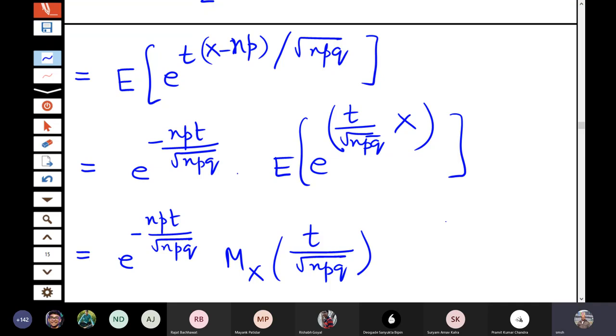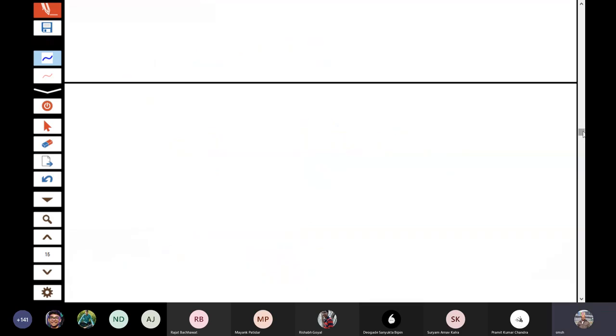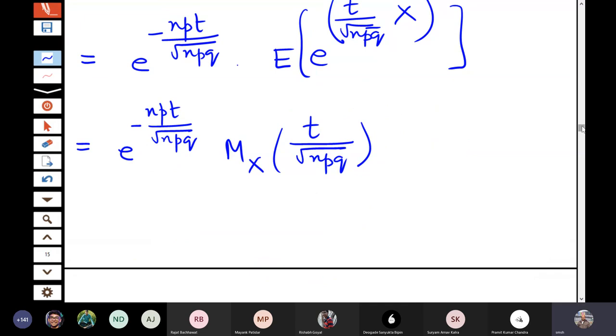You know the moment generating function of x in the binomial distribution? Do you remember that? Any student remembers that? What is the moment generating function of a distribution, the expectation of e to the power t x? No student remembers?